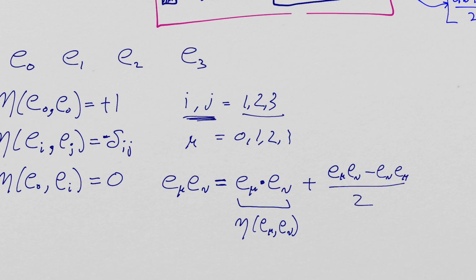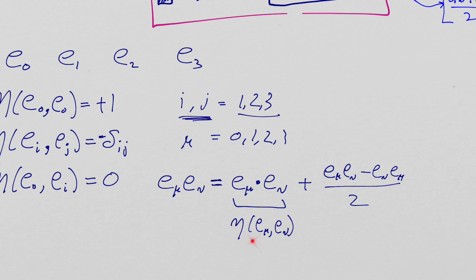Because we've already shown that this is the symmetric part and this is the anti-symmetric part. But we also know that this is going to be 0 whenever mu and nu are not equal, right? And it's going to equal either plus or minus 1 when mu and nu are in fact equal.